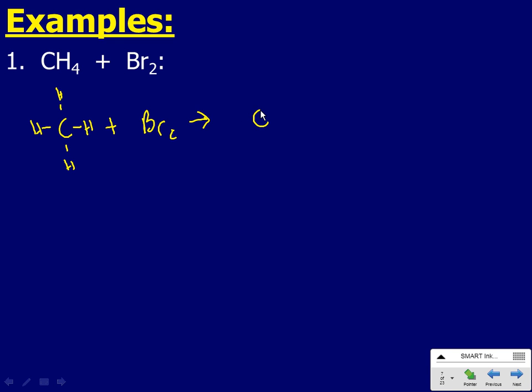And in the end, you're going to get C, and one of them is going to be a Br, with H, H, H. And it tends to need UV light, so we'll write that over top of the arrow. That represents the fact that we need UV light. And then when you're done, you end up with the H bumping into the Br and creating an HBr. Okay?